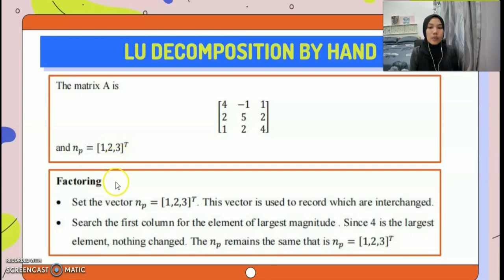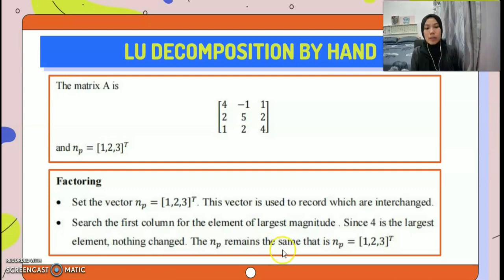The first step we need to do is factoring. We need to search the first column for the element of largest magnitude. So from this matrix, we need to check the first column and search which is the largest magnitude in the first column. Since 4 is the largest element, nothing changed.